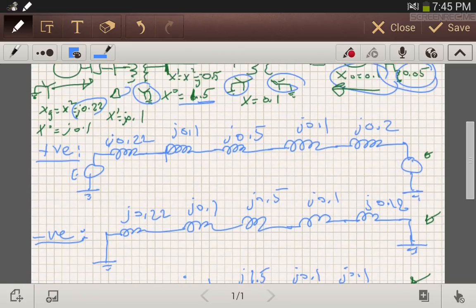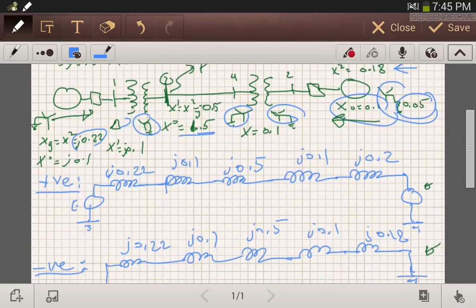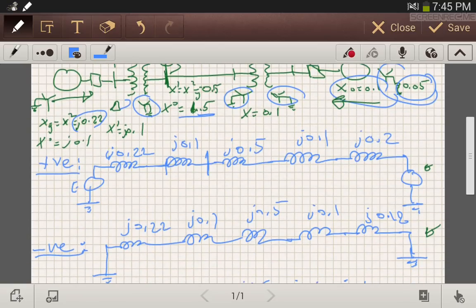So let's go to the positive sequence network. The fault happens at bus 3, which is after the generator and the transformer number 1 here.